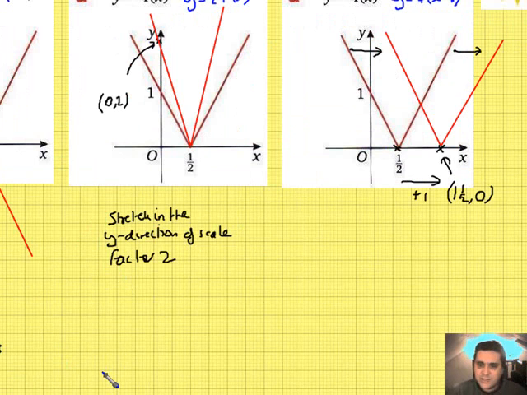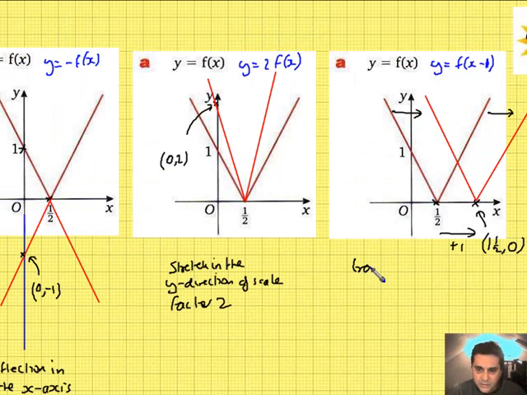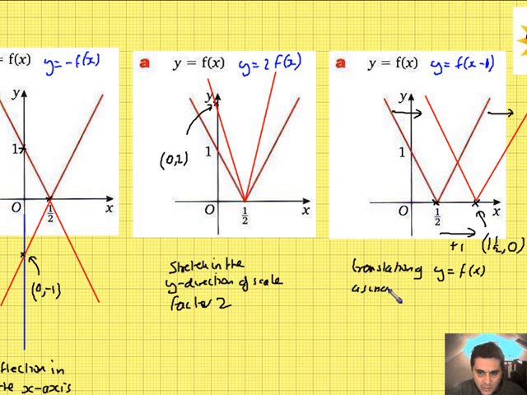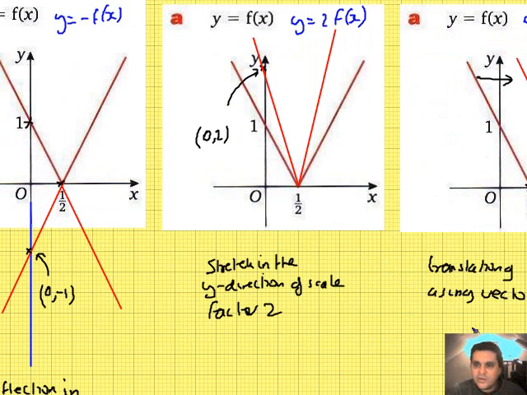So this is called a translation of y equals function of x using the vector, and this is important, I've gone 1 across and 0 up, alright? So I've moved 1 across in the x direction and I've not gone up and down at all, alright? Vector 1, 0. Straightforward?